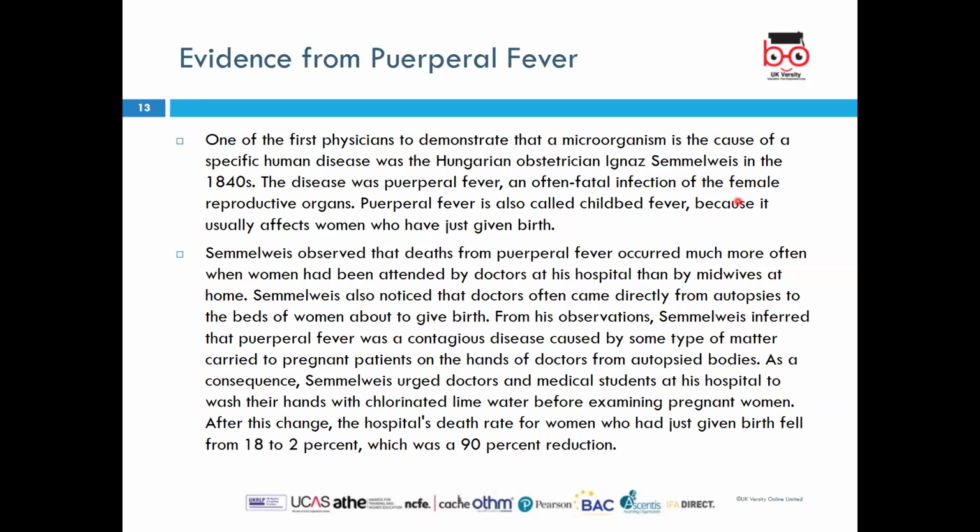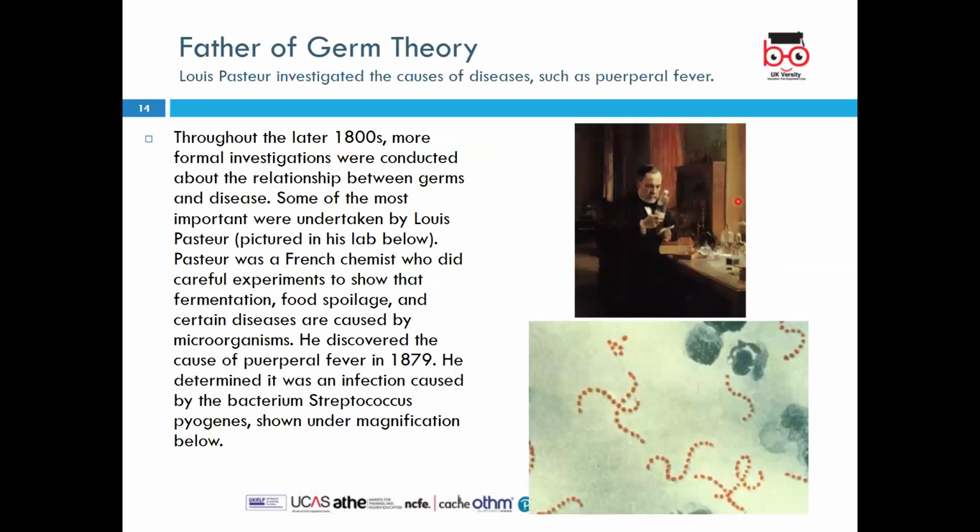After this change, the hospital's death rate for women who had just given birth fell from 18% to a huge downward leap of 2%. That was huge. It was a 90% reduction.